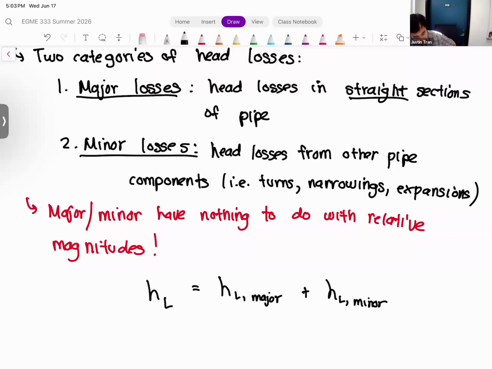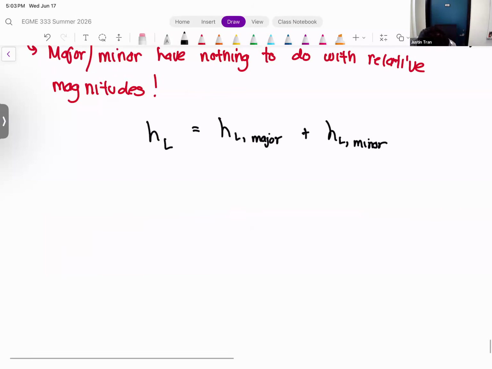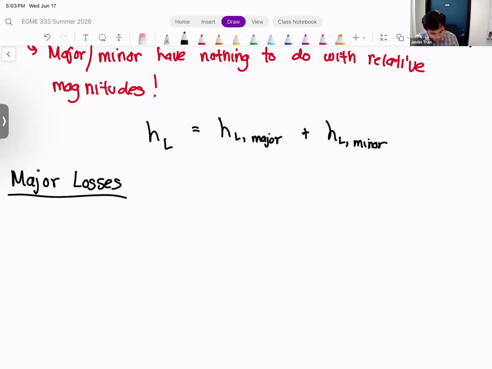All right, so let's talk about major losses and see how we can compute them. Major losses represent, again, the viscous energy losses in flows in straight segments of pipe.